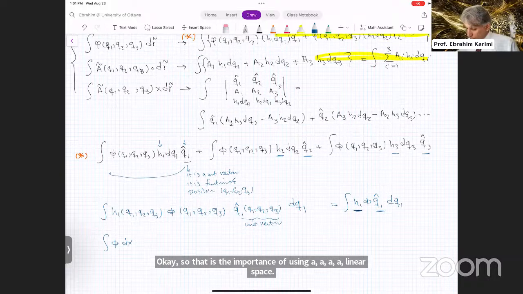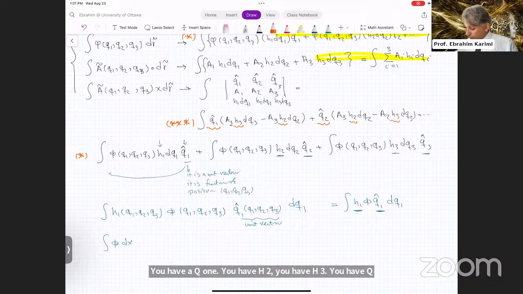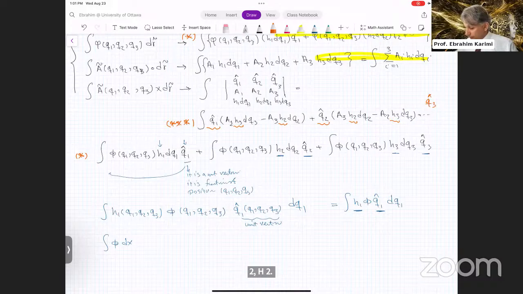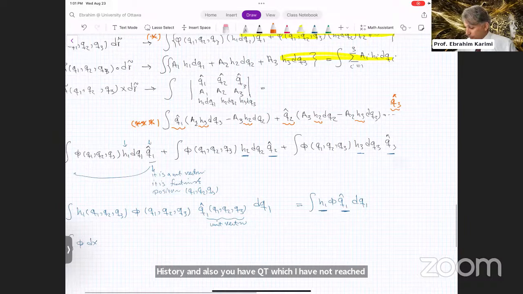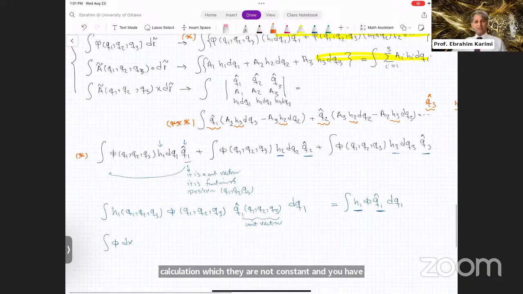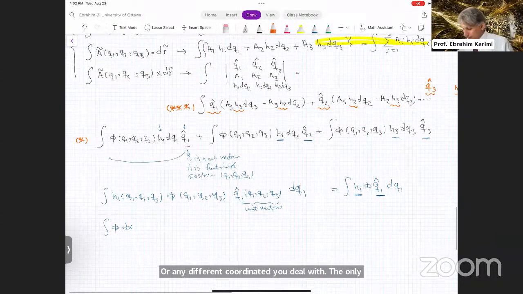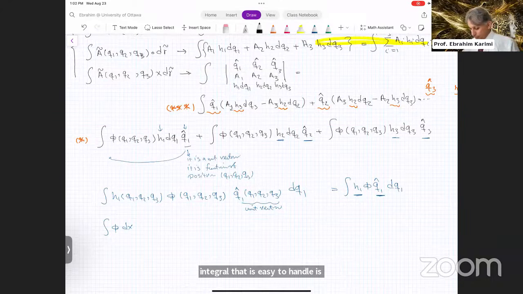The same story is true for integral number 3 as well. For integral number 3, you have Q1 hat, you have H2, you have H3, you have Q2, H2, H3, and also you have Q3, which I have not written here. You have also H1 and also H2 in the calculation, which are not constant, and you have to handle it properly for any different coordinate that you deal with. The only integral that is easy to handle is the second integral, which is the dot product.